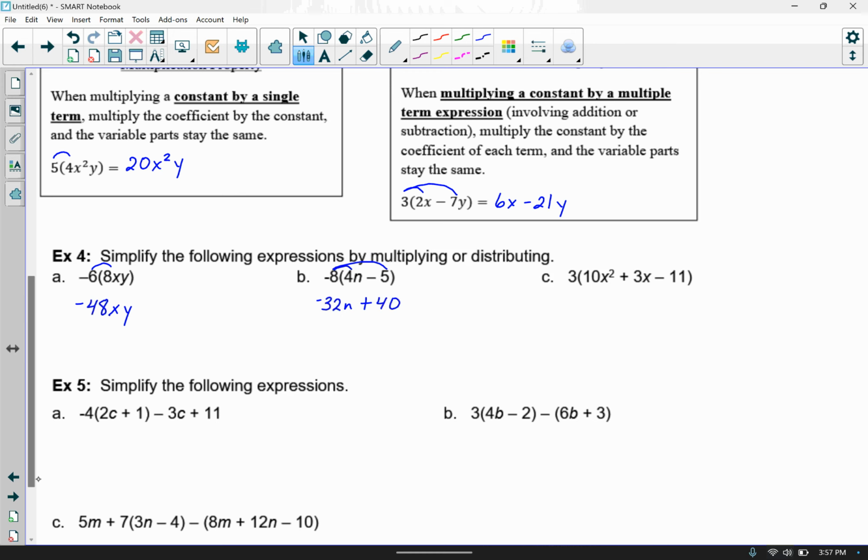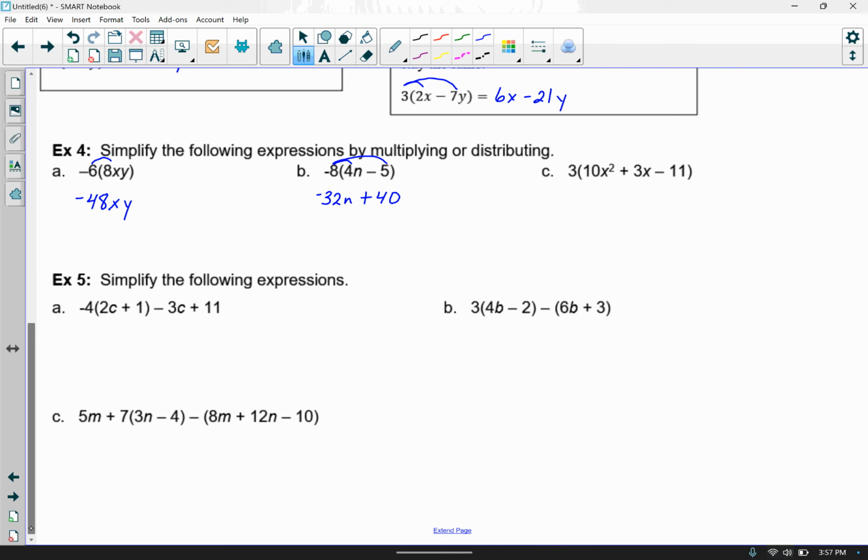All right, let's come on down to example 5, and we'll do A and B here together. So this one is going to require that we distribute first and then combine like terms, okay? So in letter A, the first thing I want to do is take this -4 and distribute it to the parentheses only. It only gets distributed to what's directly behind it in parentheses. So -4 times 2c gives me what kind of 8c?